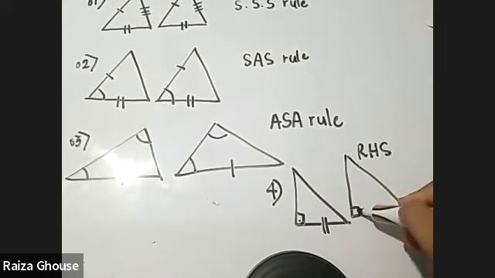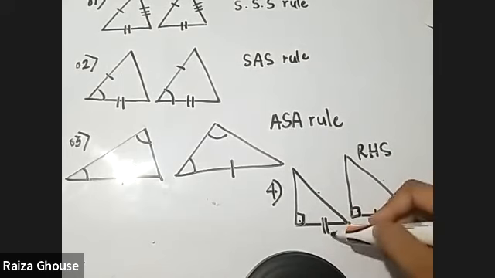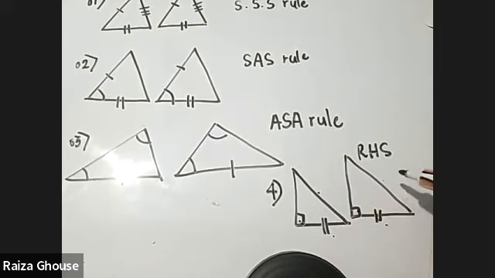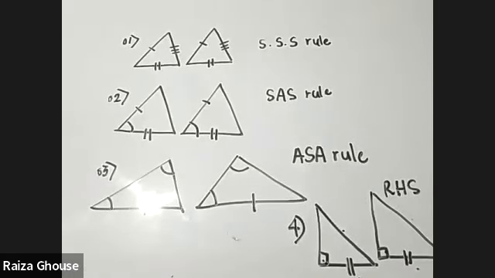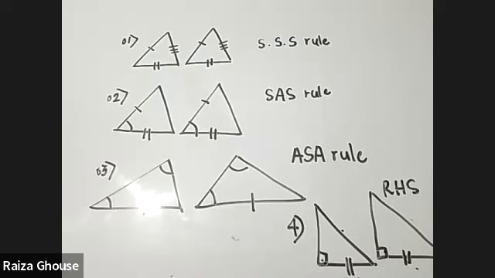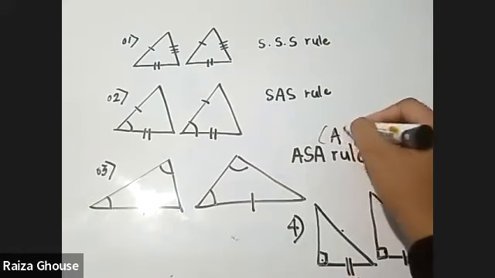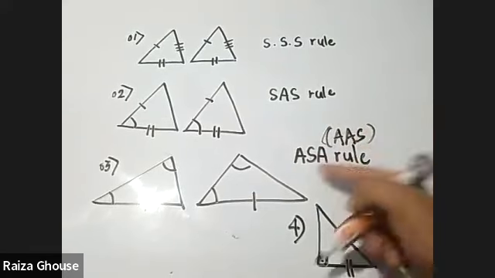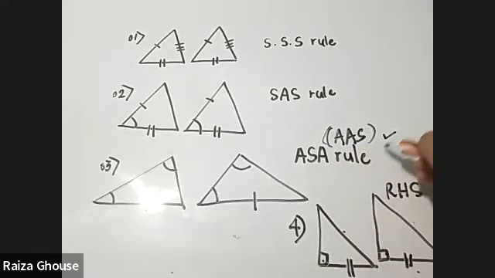Right angle, hypotenuse, side. So what are the 4 rules here? SSS, SAS, ASA, RHS. In your textbook, it's given as SSS, AAS. This is given as AAS also. Anything is okay. AAS is also fine. In some papers, we can see ASA also. Both are acceptable. SAS, RHS. These are the 4 rules. Is that clear? Yeah, teacher.